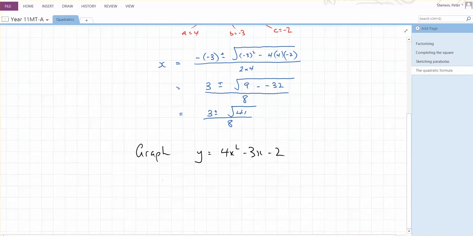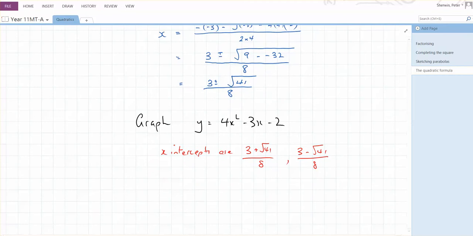So we have x-intercepts 3 plus root 41 over 8 and 3 minus root 41 over 8. Now if we think about the approximate value of those, that's about 9 over 8, just a little bit more than 1, and this is about negative, just a little bit less than negative a half.